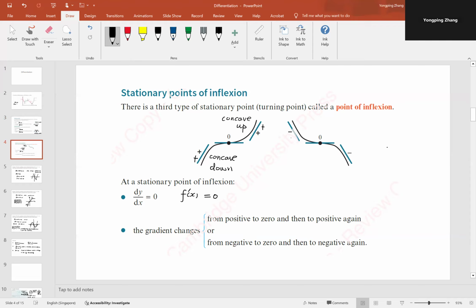For this part the gradient is negative, and this is also negative. This is also an inflection point. This part is concave up, and this part of the curve is concave down.